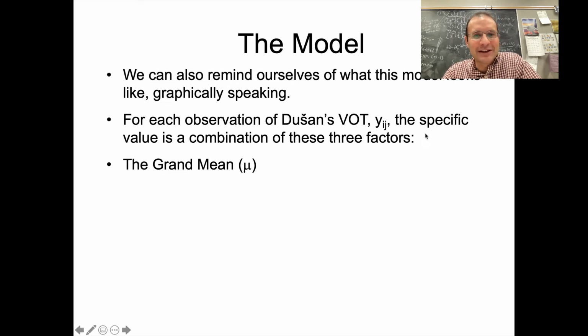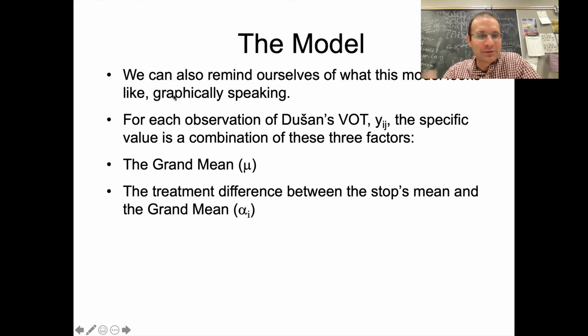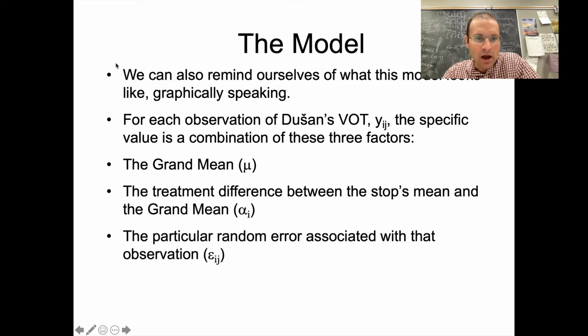For each observation, the specific value is going to be a combination of these three factors. So we have the grand mean, or mu, which, if you remember, we started off using to calculate our total sum of squares, or our total variance. But then we also have a treatment difference between the stop's mean and the grand mean, which we're going to denote in this model as alpha sub i. And then we have a particular random error associated with that observation, which we're going to denote as epsilon sub ij.